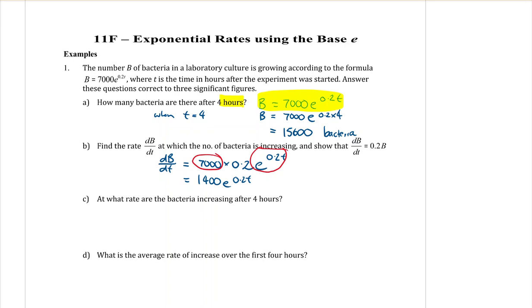So you're really just saying these bits are B, and I've got 0.2 times a B. So it is the same as having 0.2 lots of B.